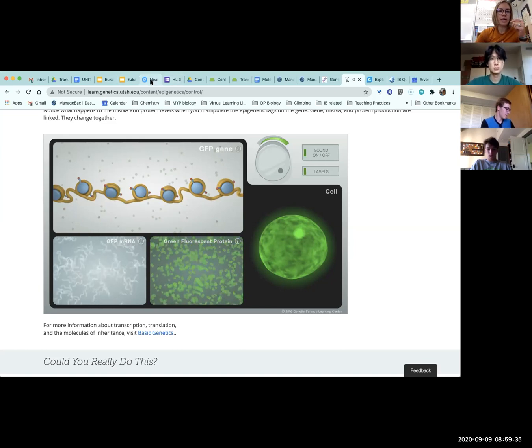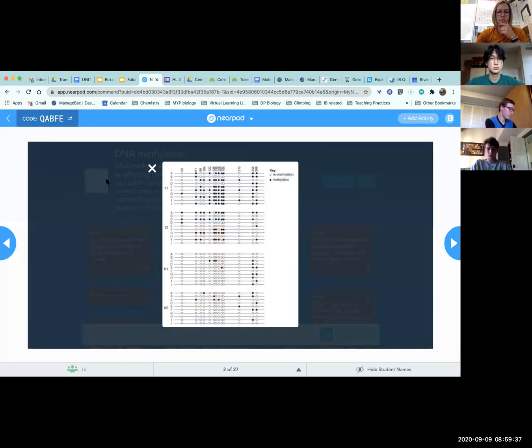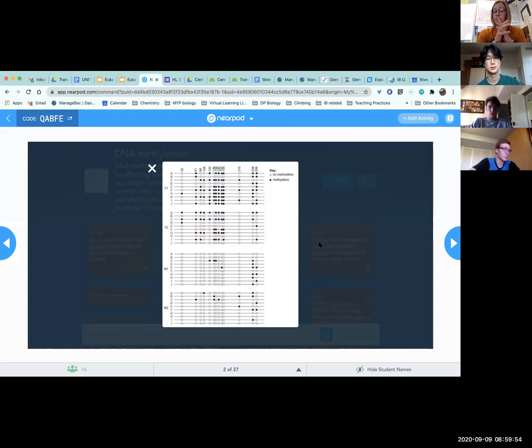So if we look at our diagram here, between like T1 and T2 compared to N1 and N2, which ones have more methyl groups? T1 and T2, right? So what that tells us is that T1 and T2 are likely still condensed, and that means they likely are not being made.